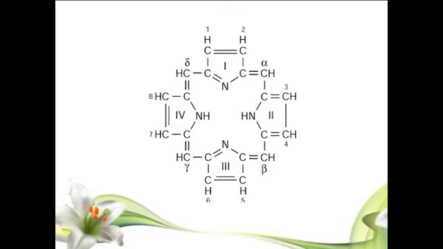Porphyrin rings are numbered with Roman numerals 1st through 4th, starting at the top and proceeding clockwise. The methane bridges are lettered with Greek letters alpha through delta, again proceeding clockwise. Positions at which substituents could be attached are numbered 1 to 8, starting with the first ring and proceeding clockwise.